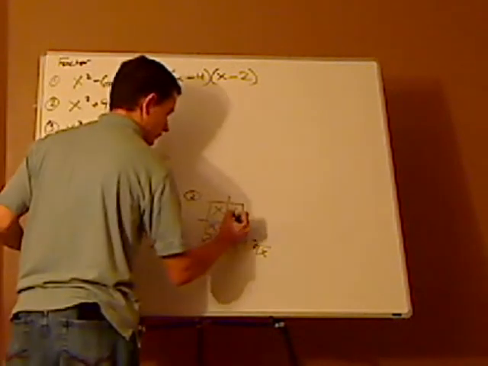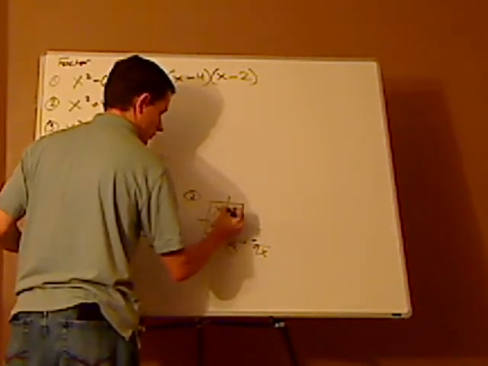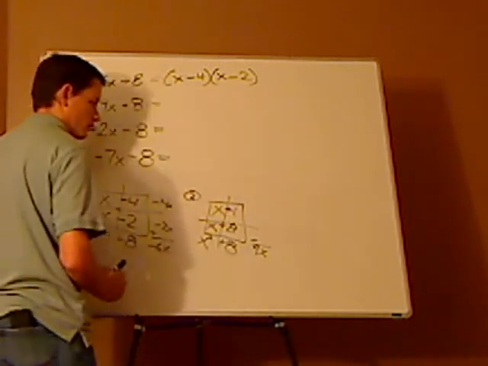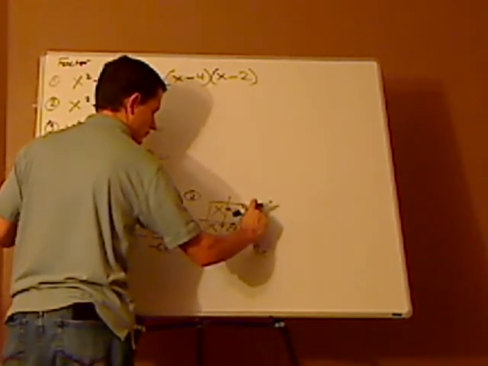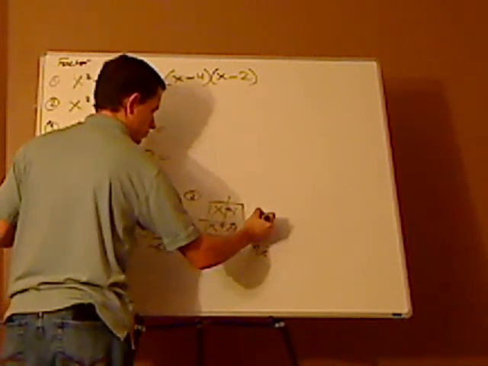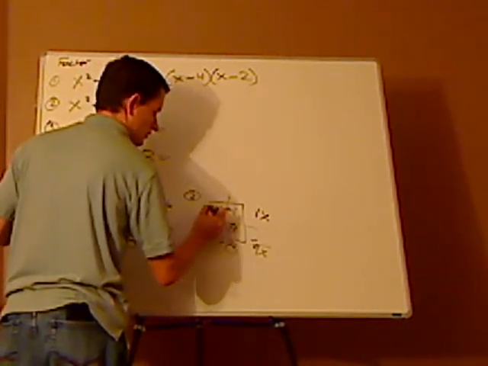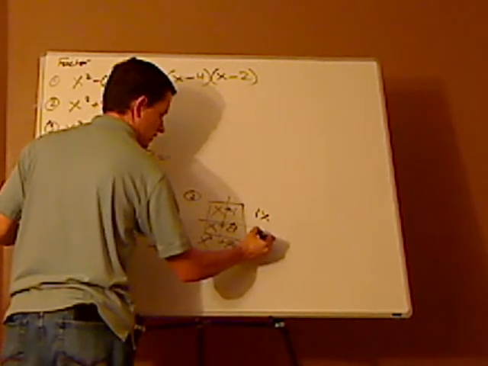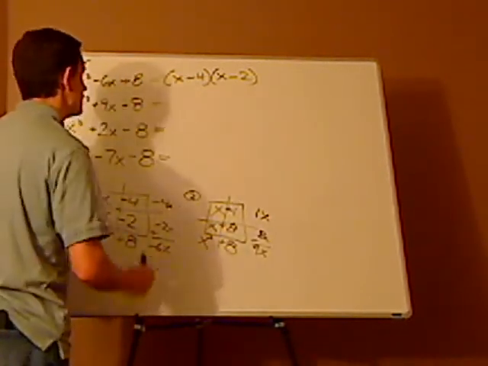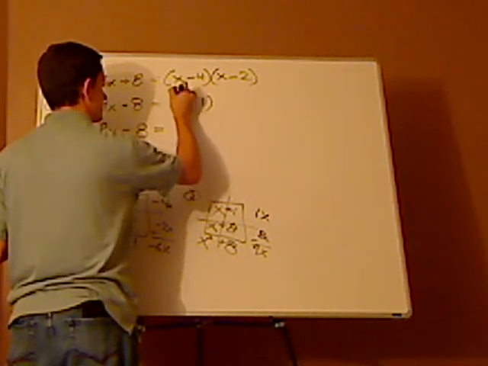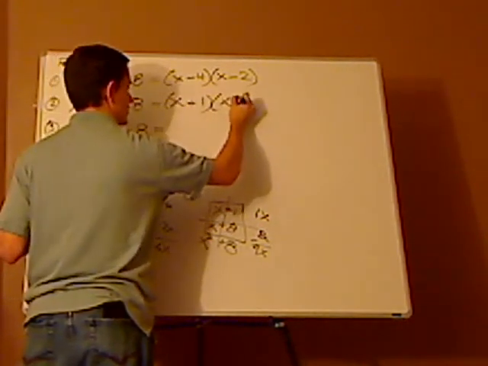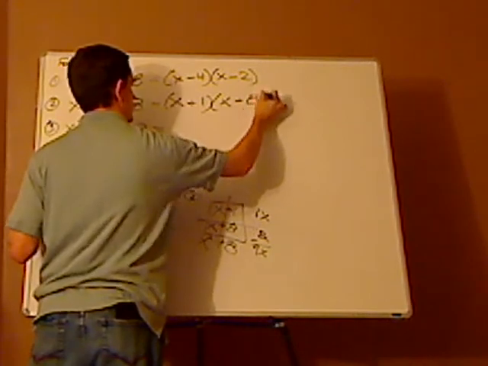Right, 1 and 8. Plus, plus. See that? And then it's going to be 1, diagonal, so that's 1x, and then x times 8, which is 8x. Right, that works. So then you just write it as is, so it's x plus 1, parentheses, x plus 8.